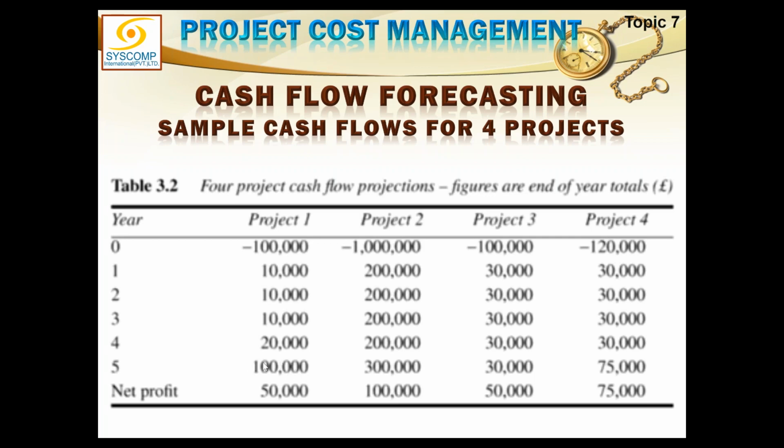So all the amounts coming to us are 10, 10, 10, 20, and 100. So it comes out to be 150. Whatever I have received is 150. Whatever I have spent is 100. So I am in a profit of how much? 50,000. 50,000 is my net profit.